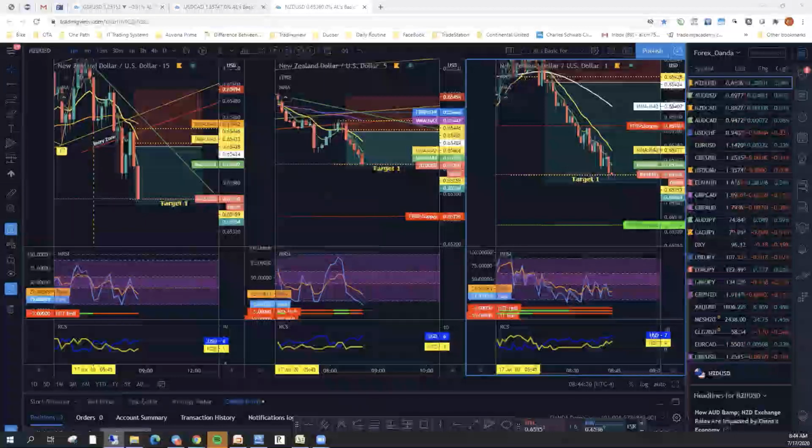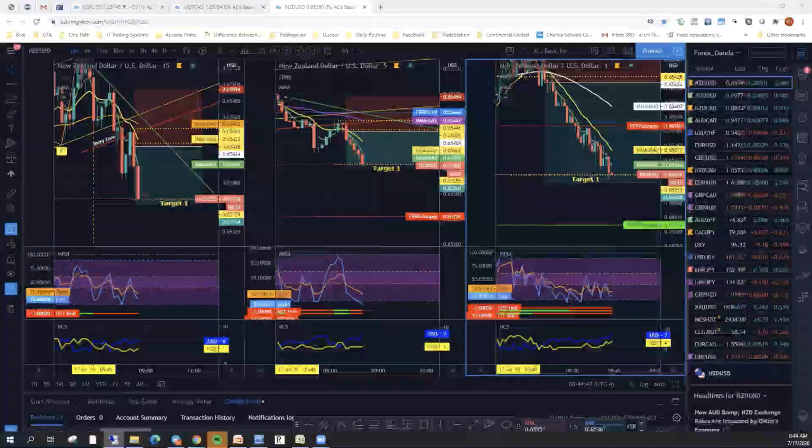You can diversify yourself so that if there is something that happens in one currency market that you're actually trading, it's not going to be a detrimental blow to your account.